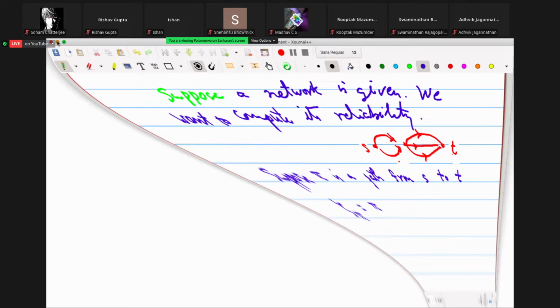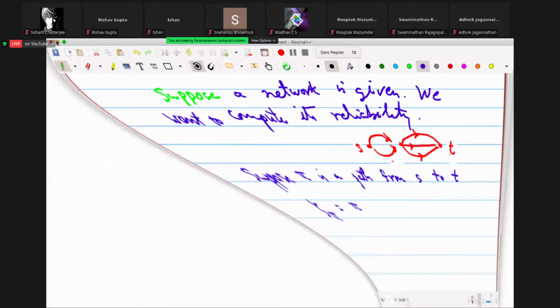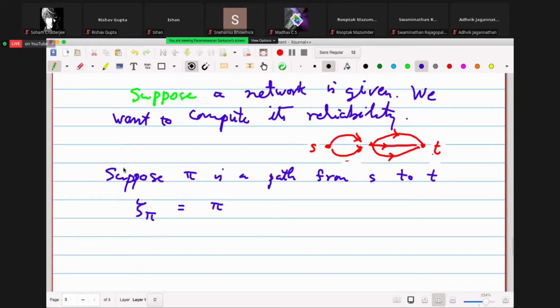Zeta pi is a random variable which is one if pi is working, and zero if pi is not working. It consists of only elementary things.